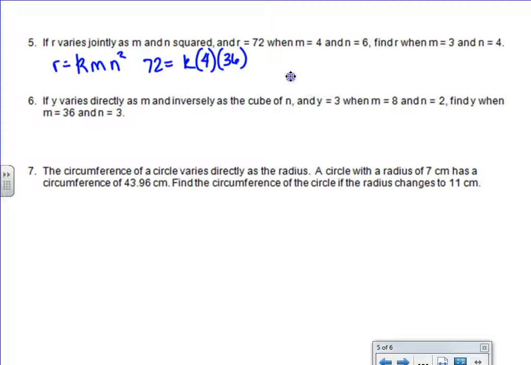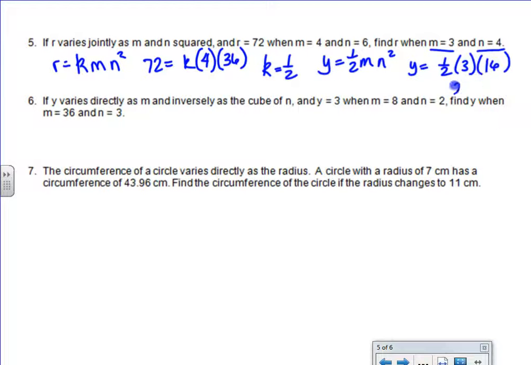Yes. So, k is 1/2. My new equation is now 1/2 times m times n squared, and if they tell me m is 3 and n is 4, I can find the value of y. 4 squared would be a 16. So let's see, that's a 24, I believe. Yes, these do have quite a bit of work, but it's not hard work, and that's the good news.